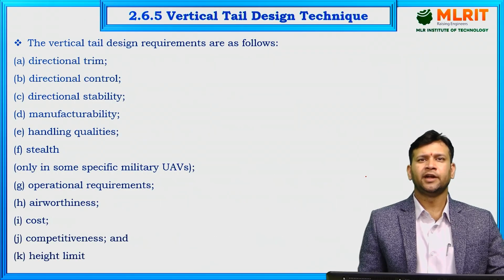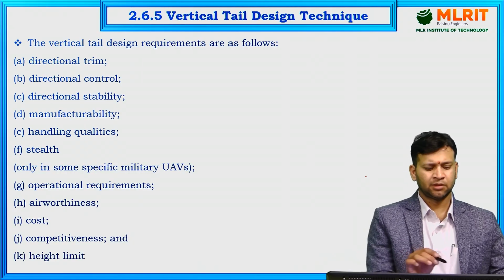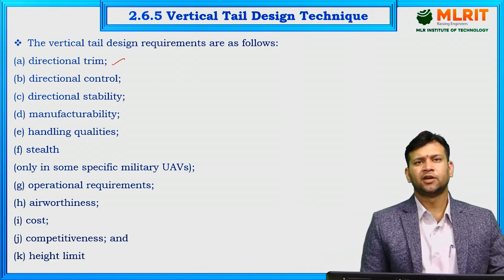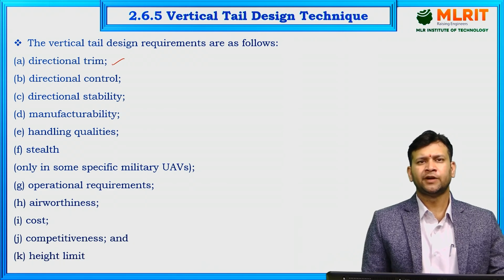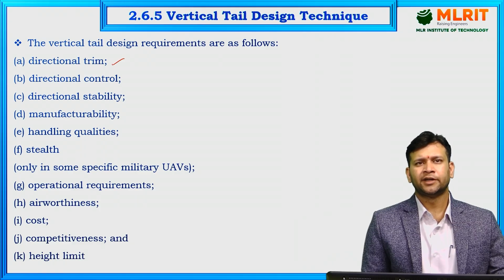The vertical tail design requirements are as follows. Directional trim: if the direction is disturbed due to the gust loads during the flight, this vertical tail plays a crucial role to bring it back to equilibrium position.